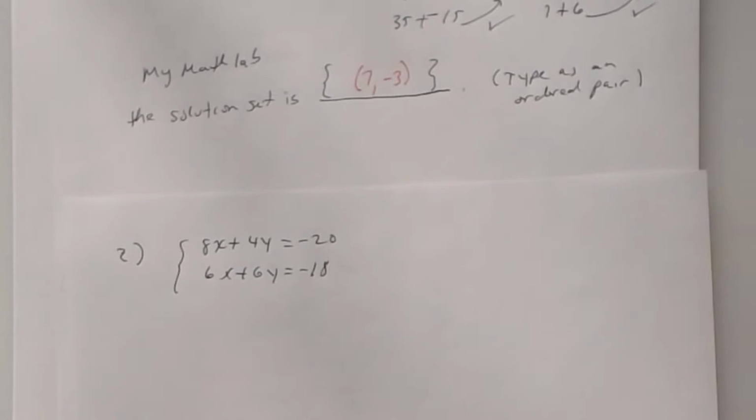All right, again, the directions say solve by substitution. No other method, substitution. So there's no variable that has coefficient 1, right? Okay. So you're going to have to do some division.